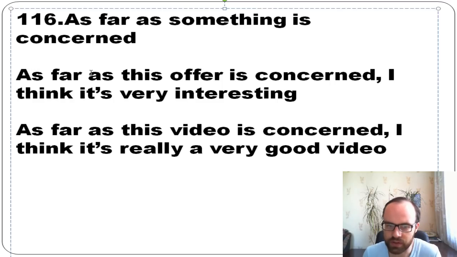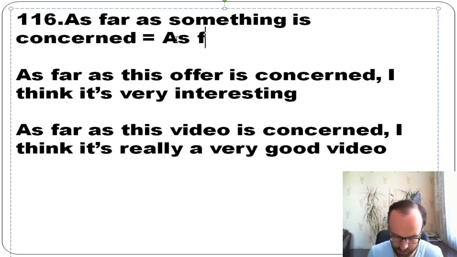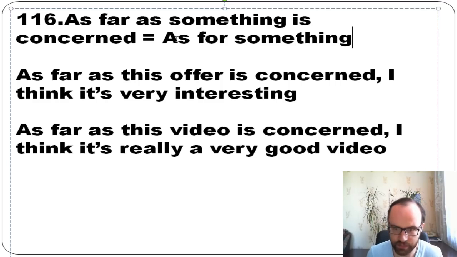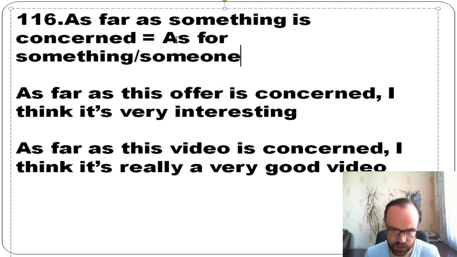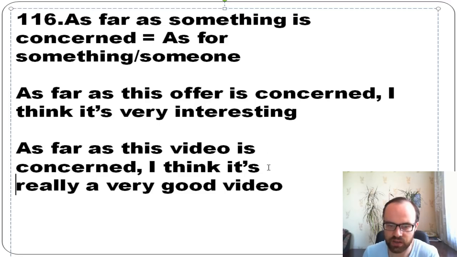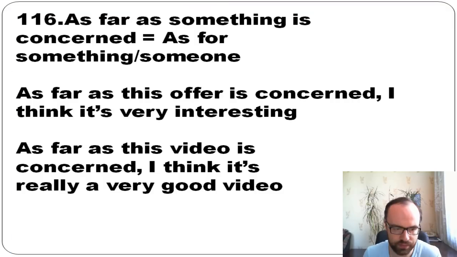Or as for this offer, as for something, it means as for something or someone. Okay, so as far as this video is concerned, I think it's really a very good video.